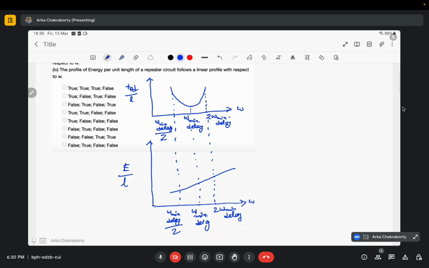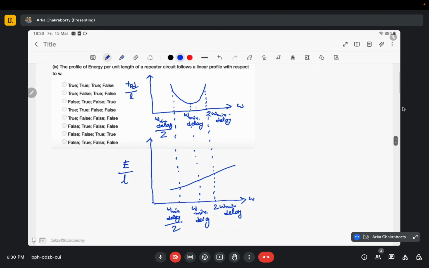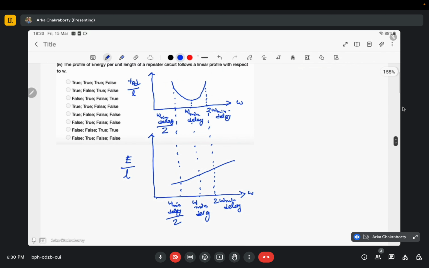Fine. So from here we can see that the value of W for which my delay is minimum is not the same as the value of W for which my energy is minimum. So there is a kind of trade-off between them. It depends on the application whether we want an energy optimized circuit or a delay optimized circuit.